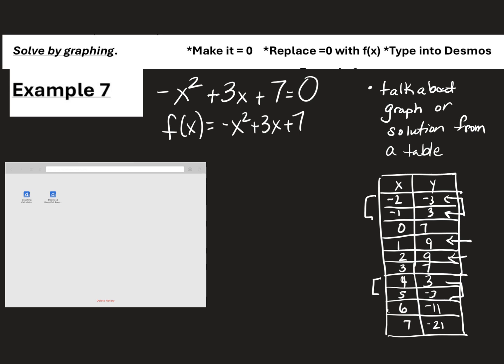So we know that the vertex would occur between 1 and 2, because those two numbers are the same. So this would be a solution, and this would be a solution. And of course, you're going to find those exact solutions from Desmos, and we will discuss those in class.